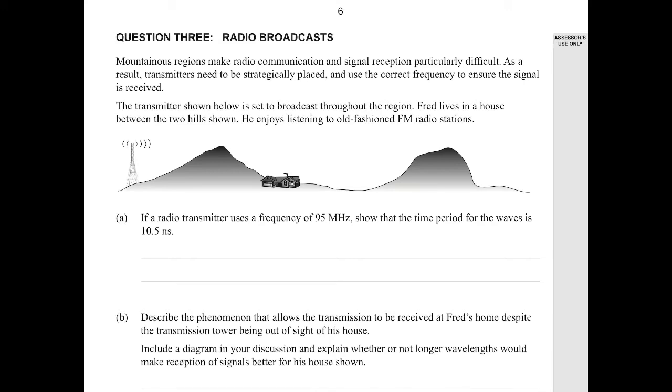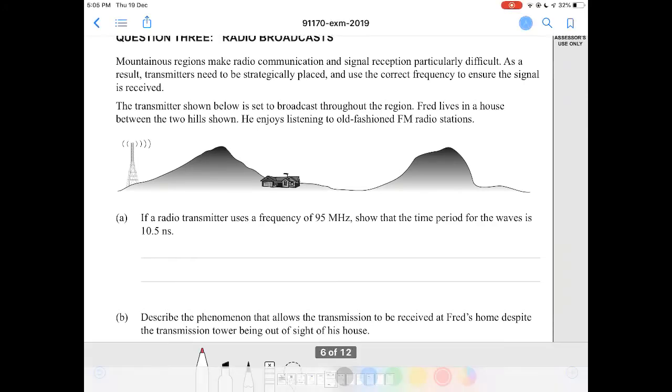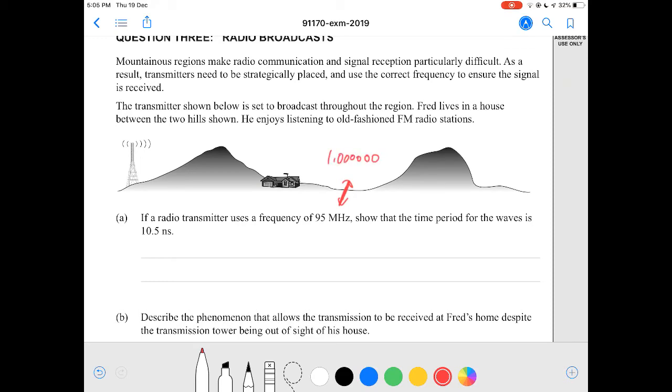So basically 95 megahertz would be 95 million hertz, and nanoseconds would be 10 to the power of negative 9 seconds. So these are some confusing units here, but mega refers to 1 million, and nano refers to times 10 to the power of negative 9 seconds.